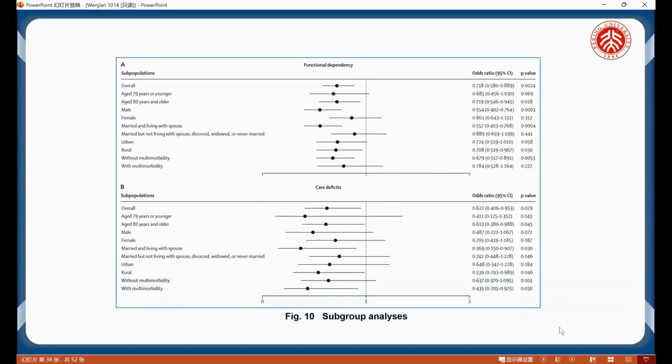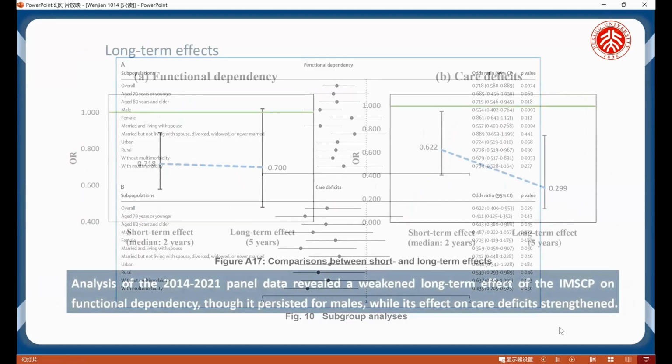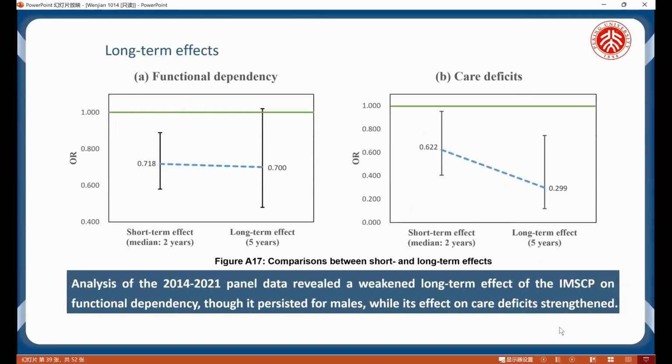This figure is subgroup analysis. We also use 2014 to 2021 waves of the CLHLS to investigate the long-term effects.